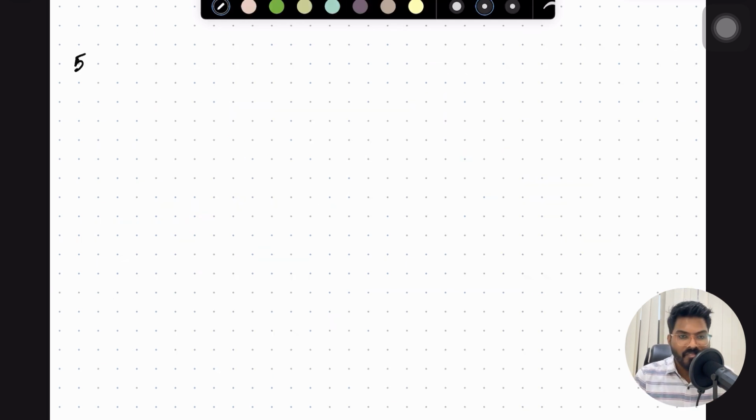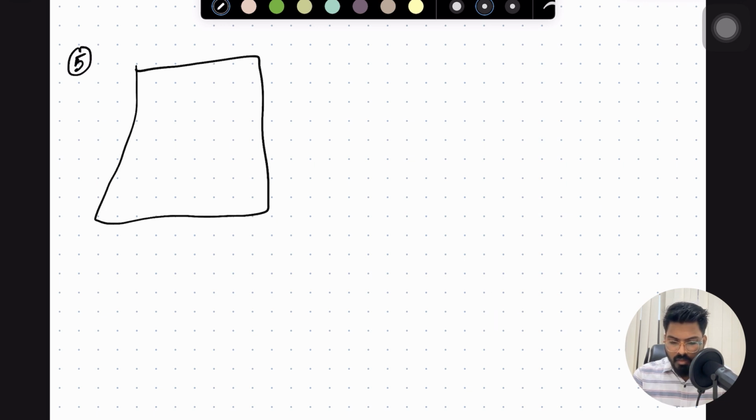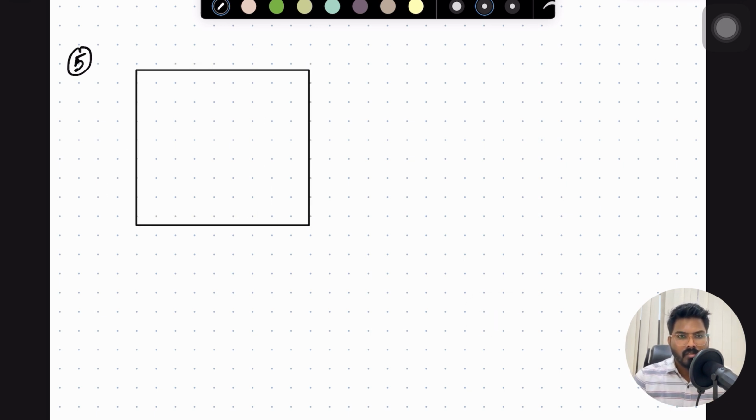Here is the fifth question from today's session. We have a setup, and the setup has two pairs of charges. That means there are two dipoles. So the setup looks like this. This is a square A, B, C, D. I'm placing one dipole here, and then I'm placing another dipole here.